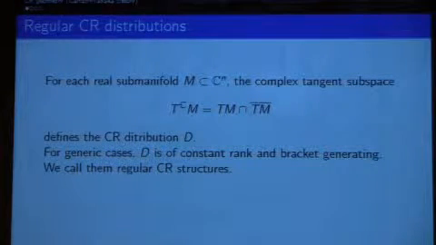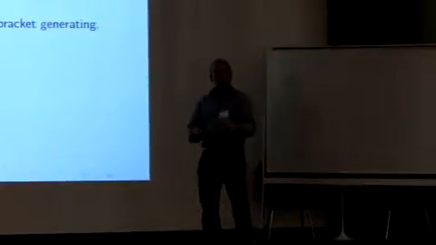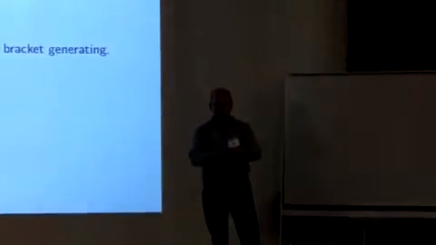And of course, for generic cases, so if we have the submanifold in a general position, then the rank of the distribution D will be constant, and the distribution will be generating the whole tangent space by brackets, Lie brackets of vector fields, and this is what we call regular CR structures.